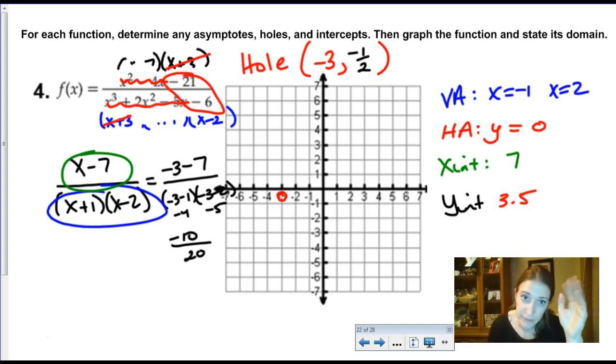So what I should have been doing this whole time is actually plotting these things I'm finding. So x equals 7 is an x-intercept, y-intercept of 3.5, asymptote at x equals -1. Oh gosh. X equals 2. Oh no, so bad. If I had one wish, it would be to be better at drawing.